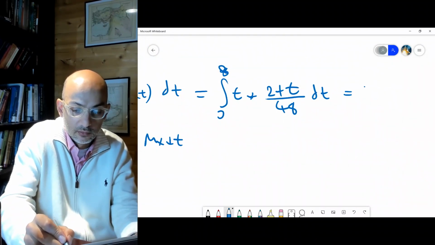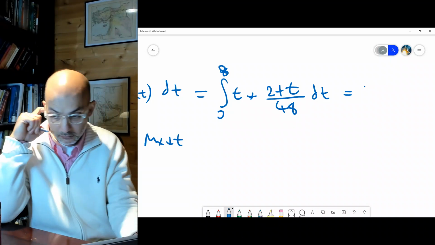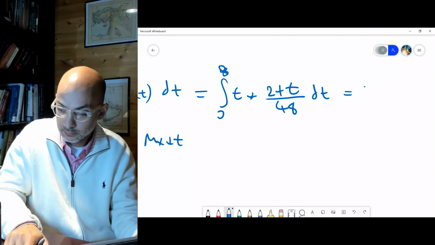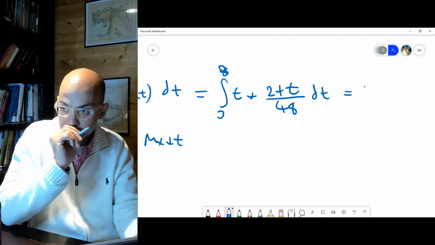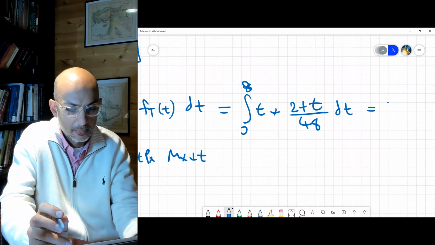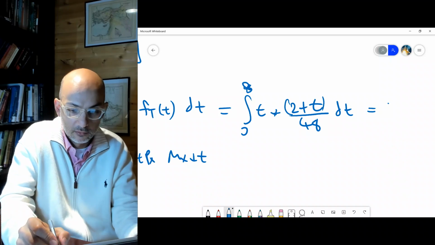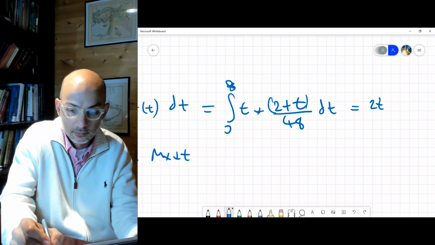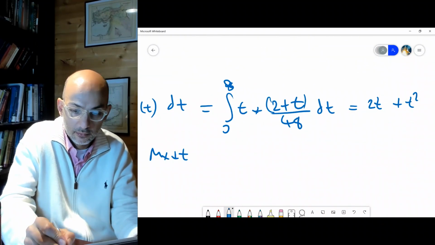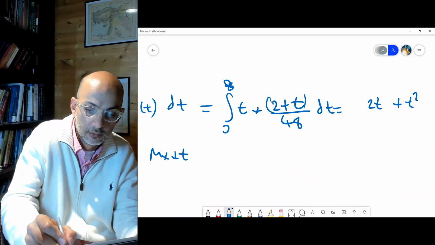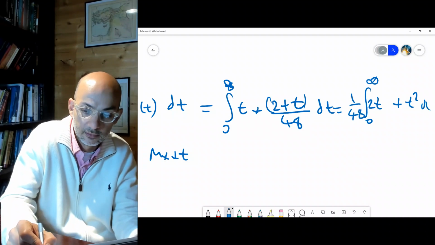It becomes 2t plus t square, from 0 to 8, and 1 over 48, let's take it here, dt.